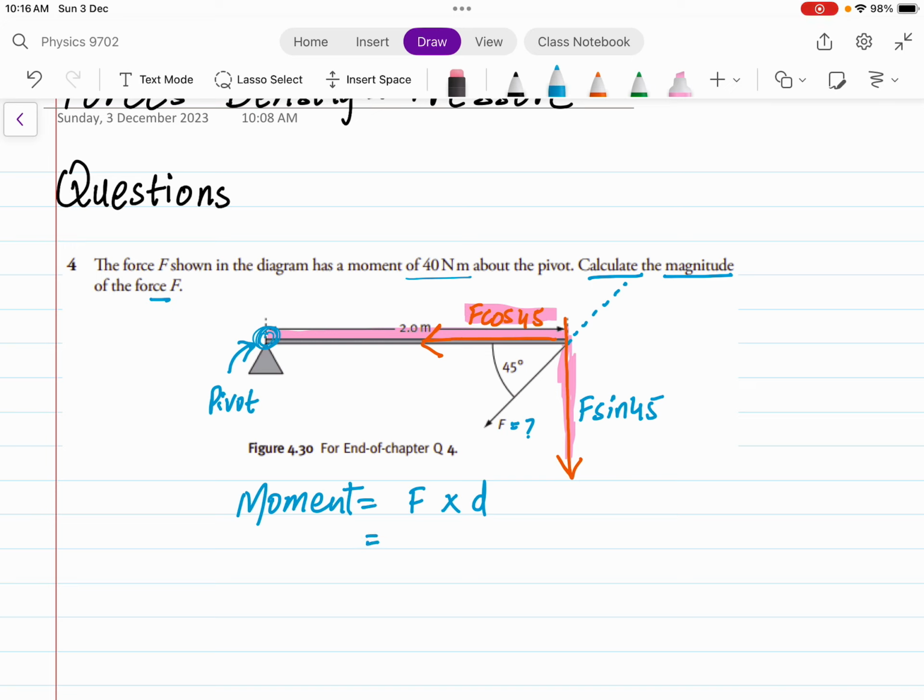This would be F sine 45 into distance 2 meters, and this is equal to what? 40 Newton meters.